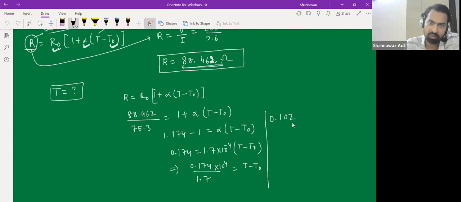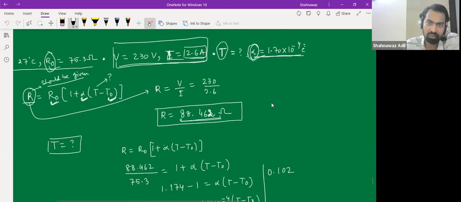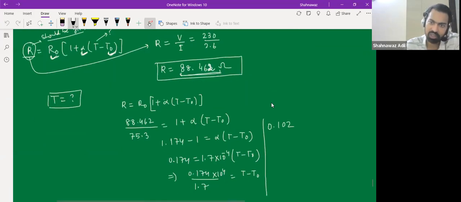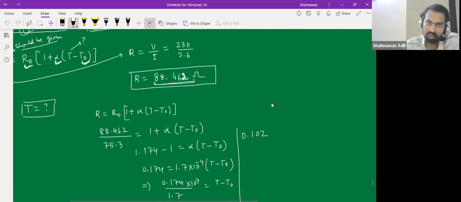This is a very huge number, this much change in temperature.